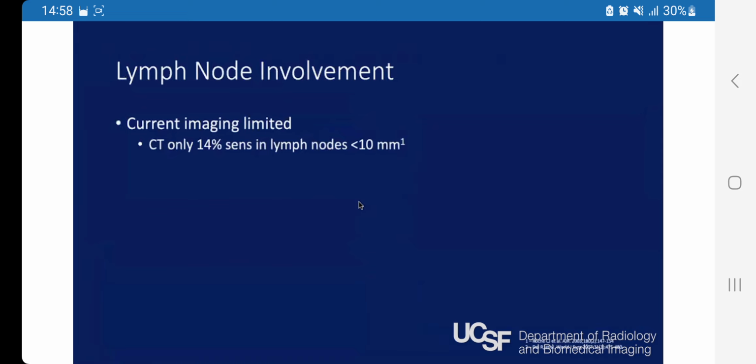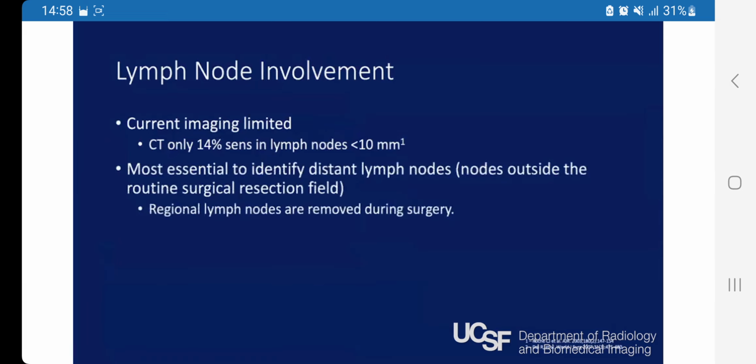As I said before, CT is limited for detection of lymph nodes, especially the small ones. However, we have to pay attention to detection of any suspicious lymph nodes which are distant to the surgical field, because the surgeons usually take the surrounding lymph nodes, the peripancreatic lymph nodes. They resect them.